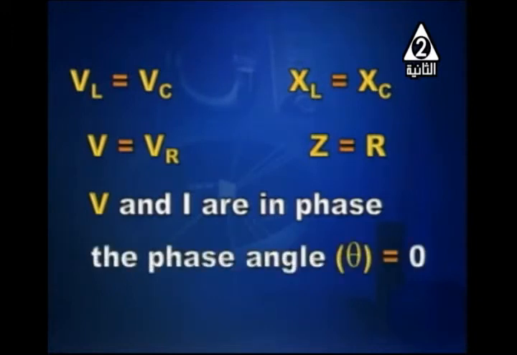Okay, this happens when we obtain the resonance state. At resonance, XL is equal to XC, so VL is equal to VC. Total voltage is equal to the voltage across the resistor, and impedance is just equal to the ohmic resistance. Voltage and current are in phase.